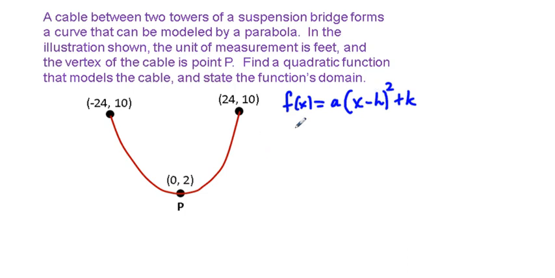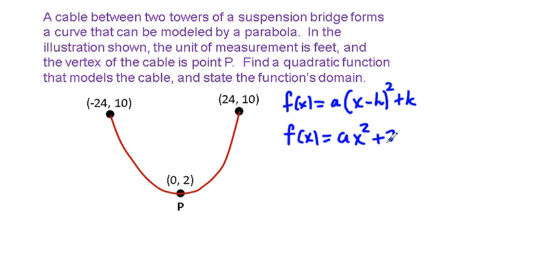So I'm going to rewrite this as f of x equals a times x, and we don't have plus or minus 0. So I'm just going to say f of x equals a x squared plus k, and k is 2.